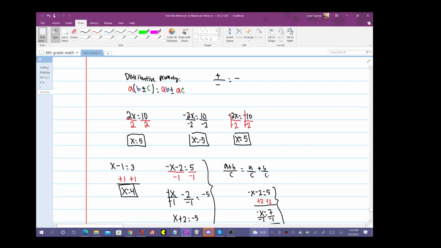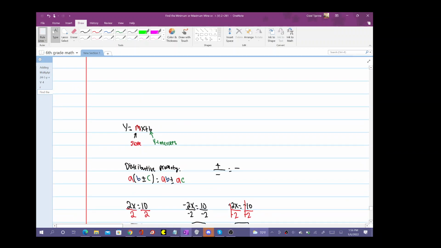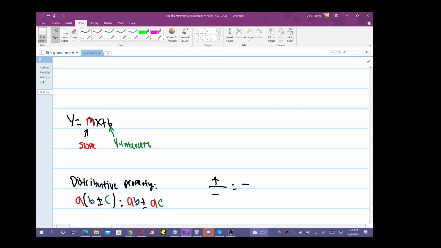I did not go over associative property, but associative property, I think, is, oh, let's see. It's like a plus c equals c plus a, or 2 plus 3 equals 3 plus 2. I think that's what associative property is. Correct me if I'm wrong. I can't remember if this is either commutative or associative.